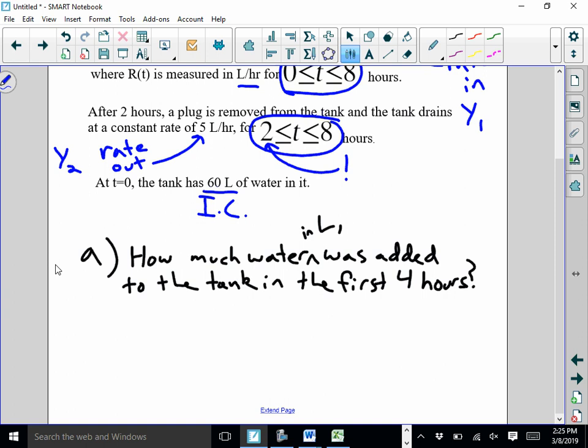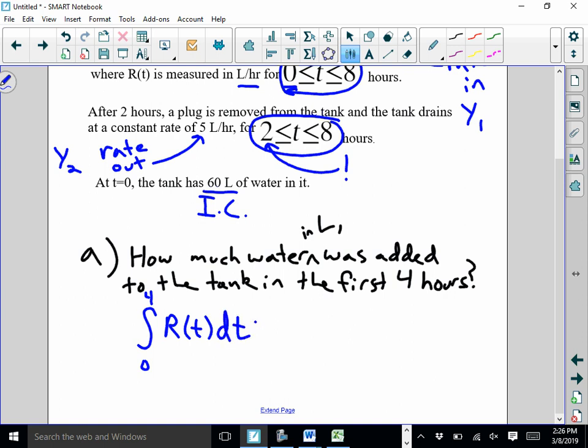And notice that the rate in does start at t equals 0, right up here, so there's nothing to be tricked by here. The answer to this question is simply the integral from 0 to 4 of our rate in. Now, here's where it's nice.